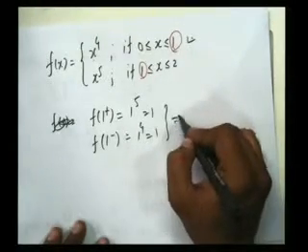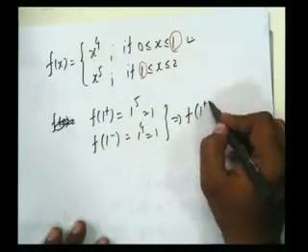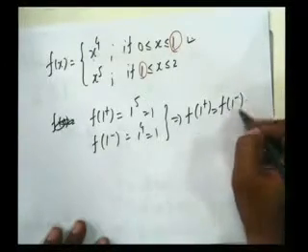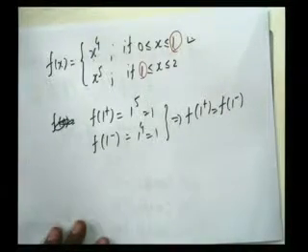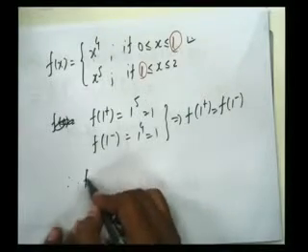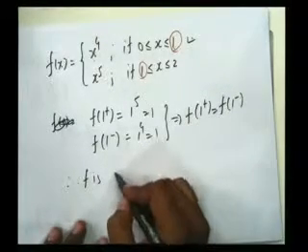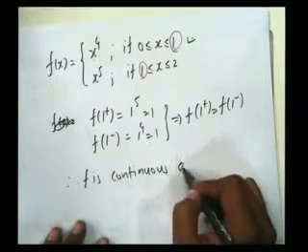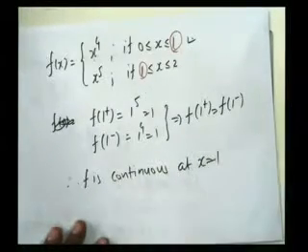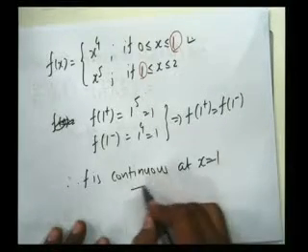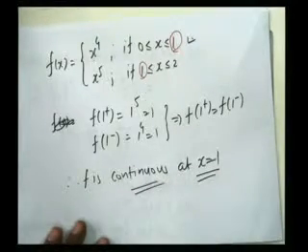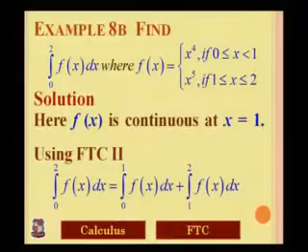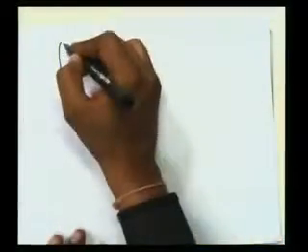This implies f of 1 plus equals f of 1 minus. That's why f is continuous at x equal to 1. Here f is continuous, so we can apply the fundamental theorem of calculus to evaluate this definite integration 0 to 2.